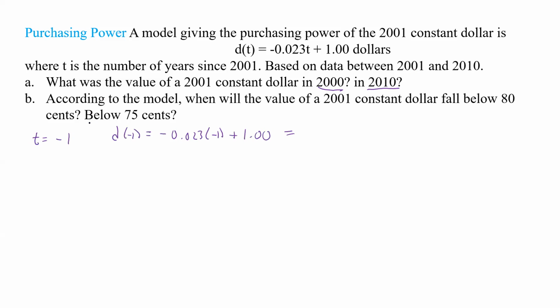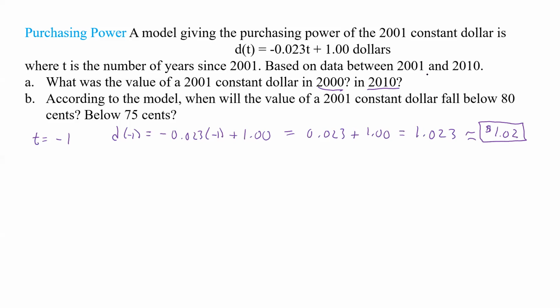If we keep going straight across, that's going to give us 0.023 plus 1.00, so that's going to be 1.023. And if we put it into actual dollars, it doesn't round up, so that's approximately $1.02. Okay, so that's how much it would be then.